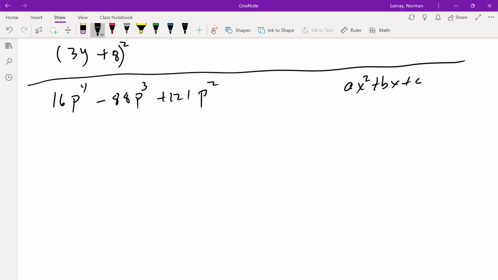So again, what I'd like to do is to stop for a moment and see if there's anything that we can pull out. That is, is there a greatest common factor that we can pull out of everything?